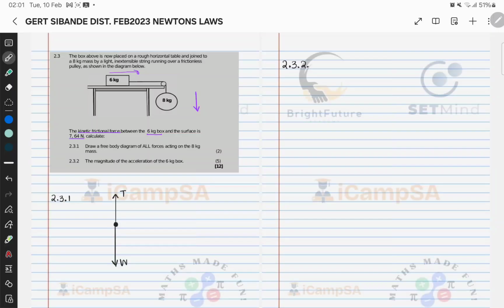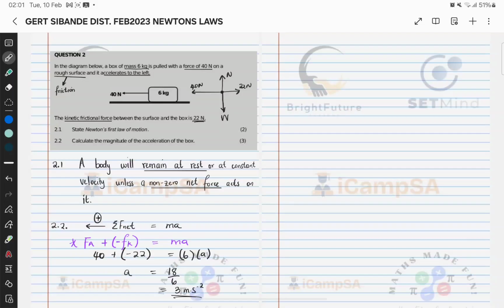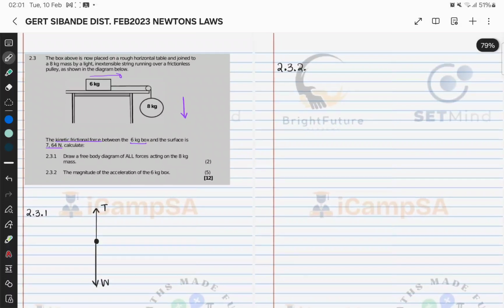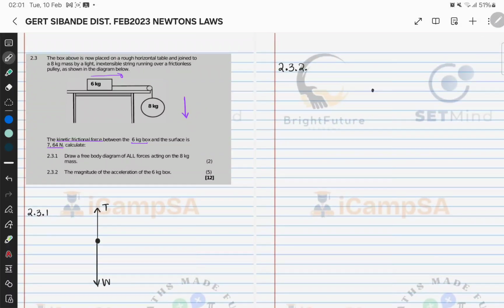So we already have the free body diagram for the 6 kilogram block. What about the 8 kilogram block? Oh yes, we have the 8 kilogram block. Let's check the 6 kilogram block.